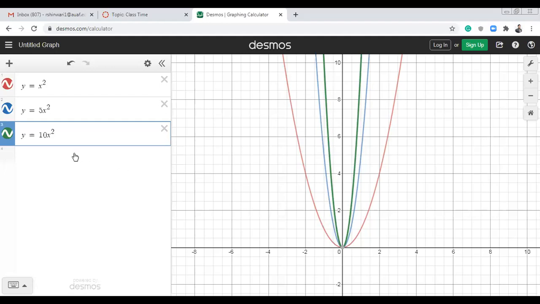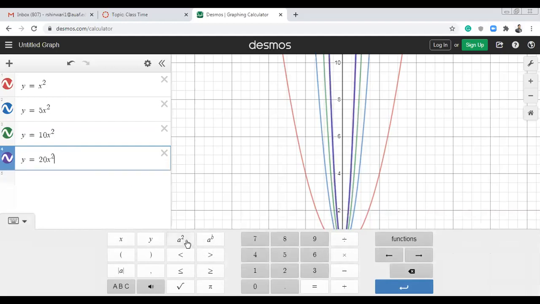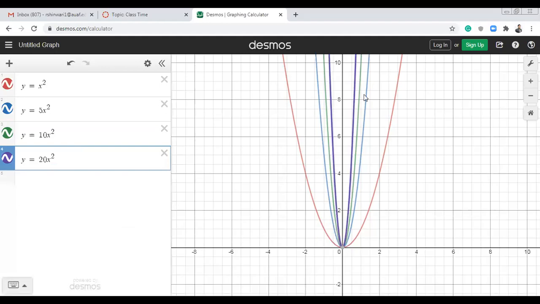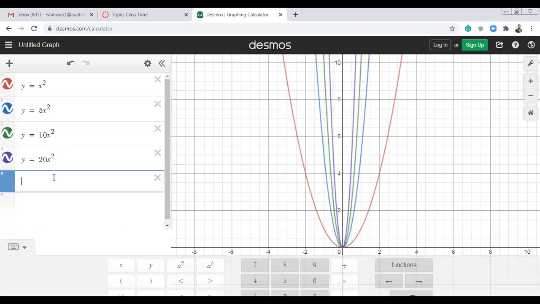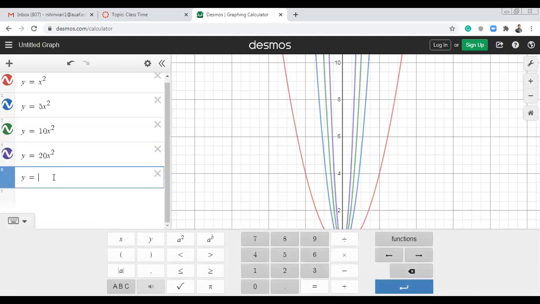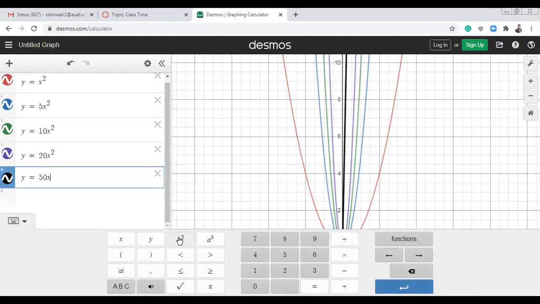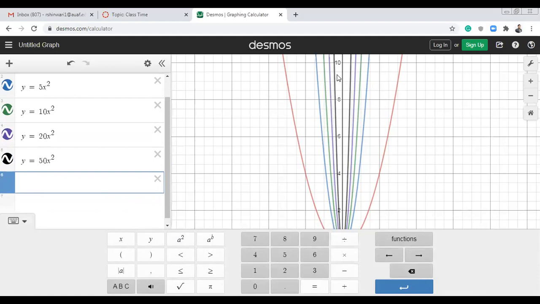Let's try 20: y is equal to 20x square. Now you can see this blue one, the graph is shrinking. If you multiply with 50, y is equal to 50x square, you can see this black one. So multiplying with a positive number greater than 1, the graph will shrink.